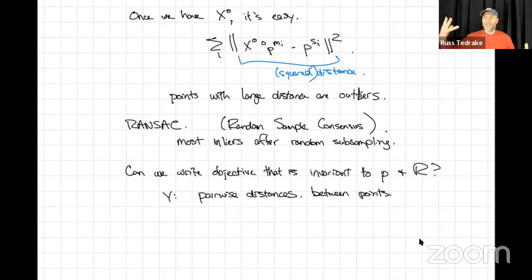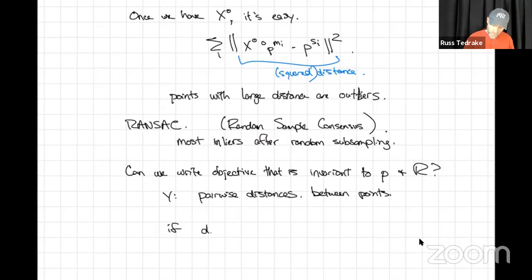You can give me two point clouds, they're not registered, and they both have pairwise distances between points that can be compared immediately. So if I take some points and I find that their pairwise distance in the scene points is very dissimilar to any pairwise distance I have in my model points, one of those two points is an outlier.